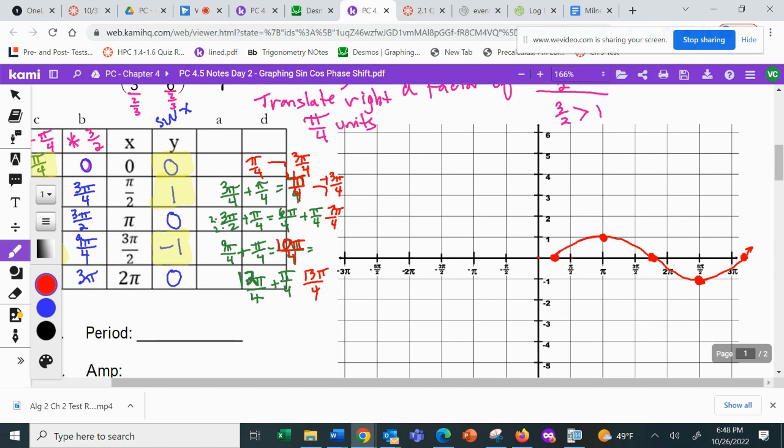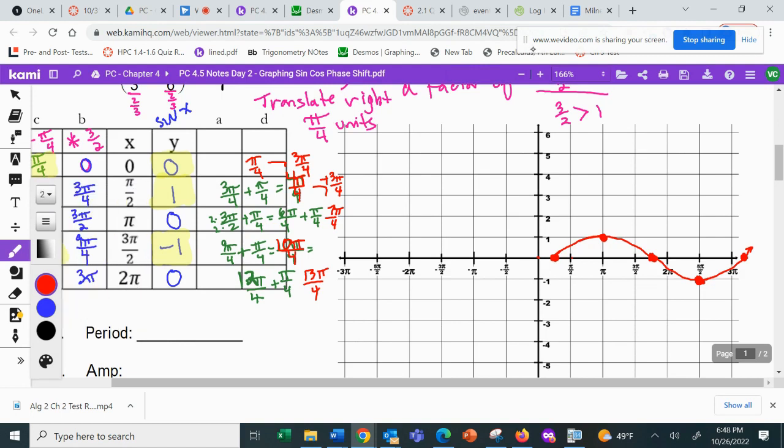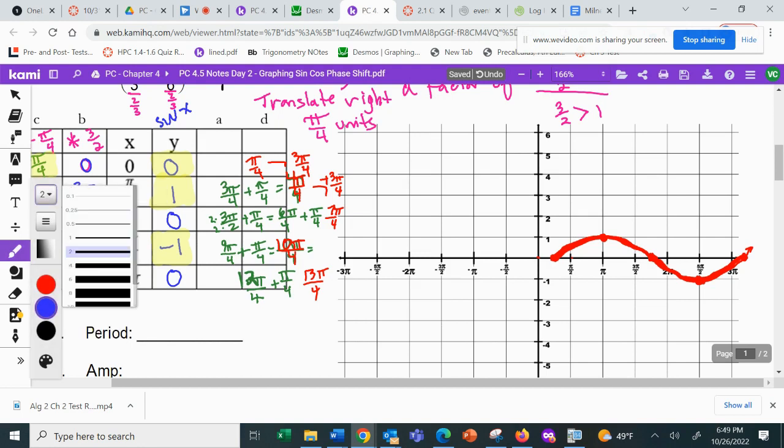This should have that sine shape of one cycle of sine. And to me, it looks like it does have that kind of S shape. So it gives me a good idea I'm doing it right. Then I need to complete the entire graph by following the pattern.